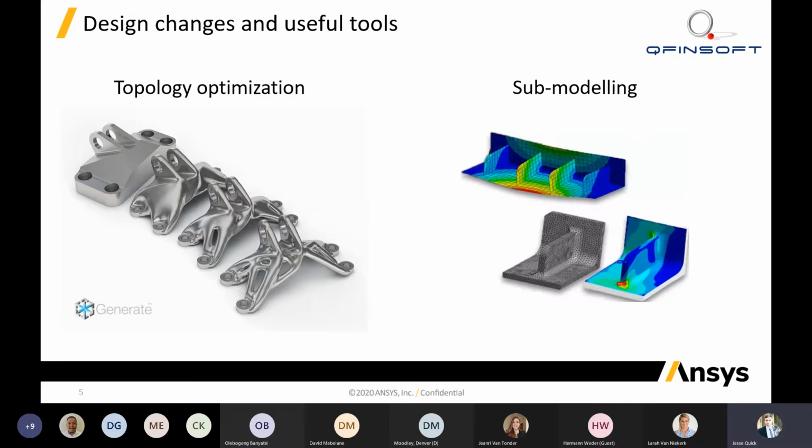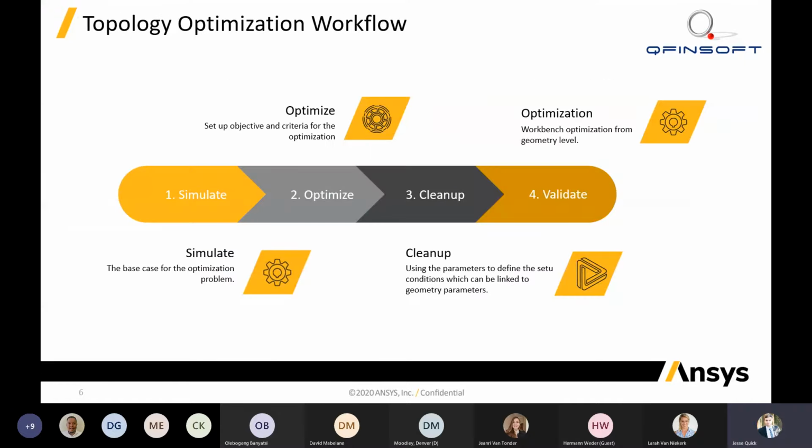When we are looking at our topology optimization, the typical workflow is something like this. We'll start off with our initial base case simulation, which will serve as the starting point. Then, using the results from that base case simulation, we can set some objective and some criteria for our optimization study, and we'll look at what the different options are for that.